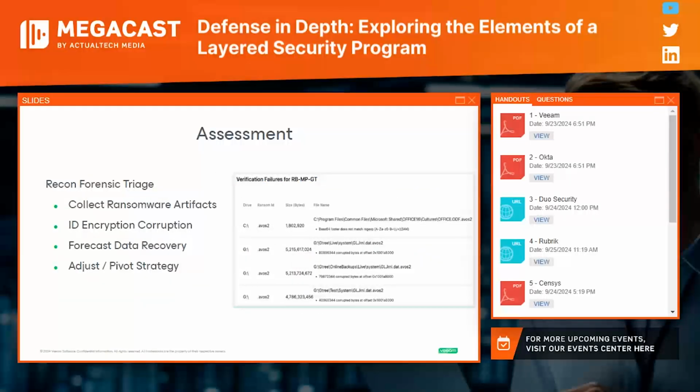I think that's important. The technology to do the assessment is to run a scan on the affected systems, on the areas that are considered affected, and then collect information around what was encrypted, in which way, and what type of encryption.